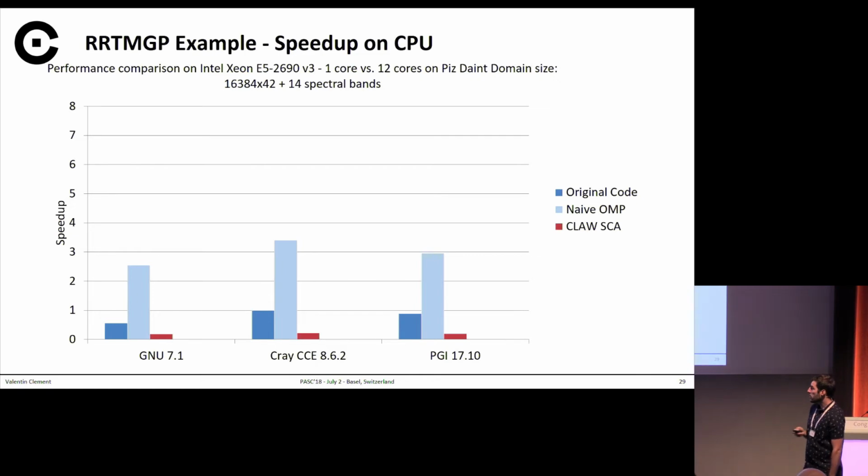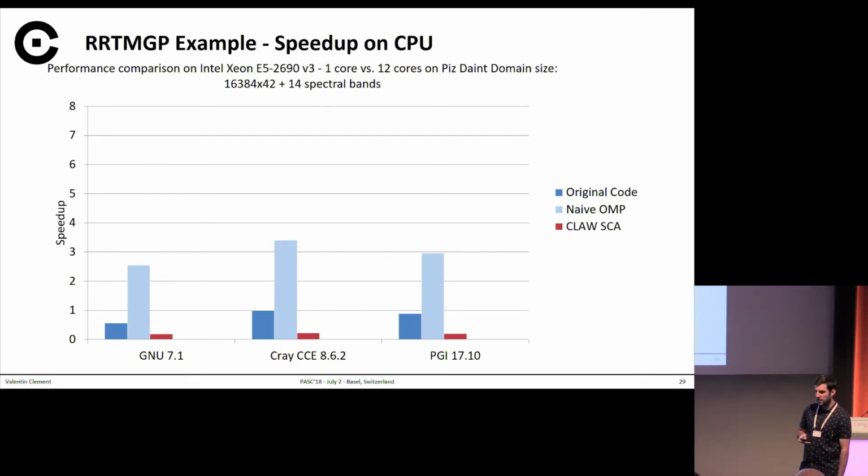If we take the fastest compiler, the Cray compiler, as a reference, we have this performance. Then we do a naive OpenMP implementation by hand. We just introduce some OpenMP, and we easily get a factor of 3x of performance, which is not super nice because we are running on 12 cores. We expect more, but we will see later that we can reach better performance.